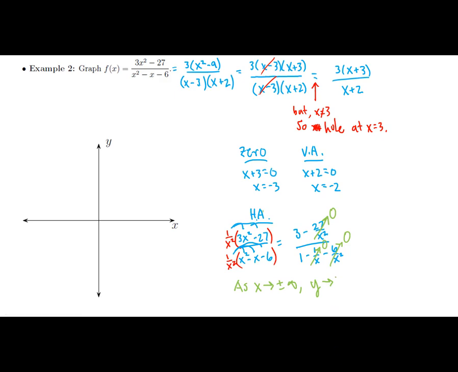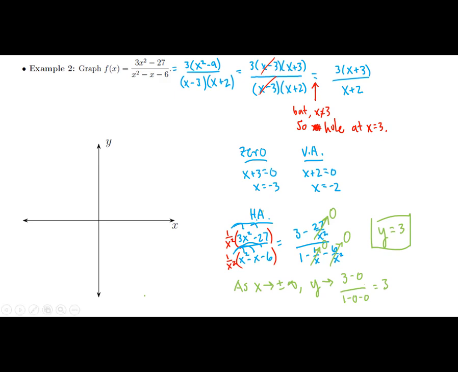So y is heading to 3 minus 0 over 1 minus 0 minus 0, which equals 3. So that says y equals 3 is my horizontal asymptote.